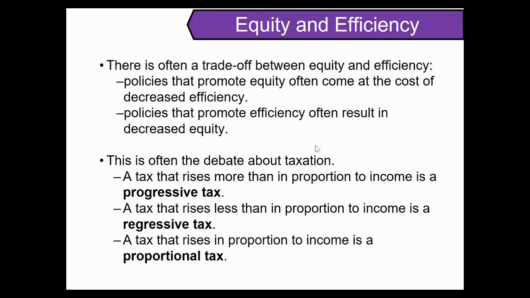Okay. Now, we have this problem of efficiency versus equity. All of us understand that we all will pay taxes, right? We've all come to the conclusion that we're all going to pay taxes, whether it's state taxes, federal taxes, excise tax, death tax, inheritance tax.